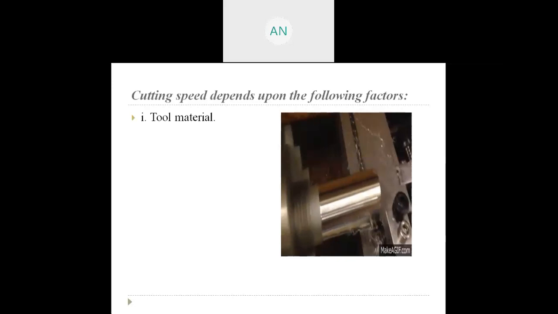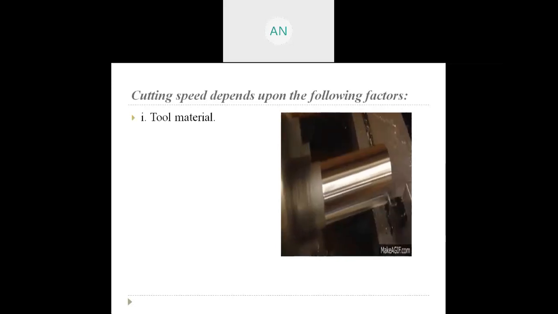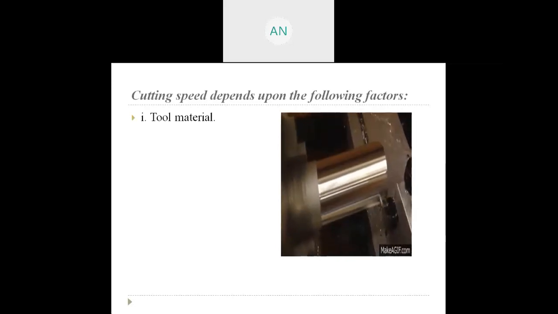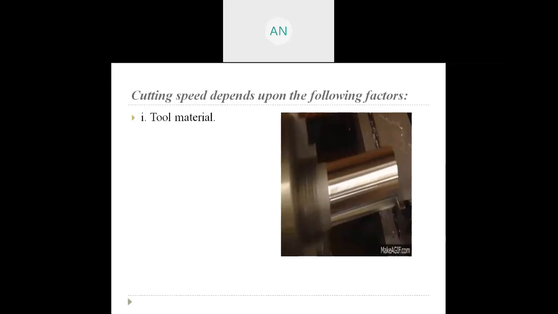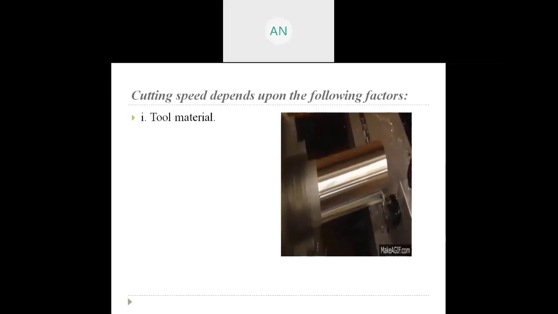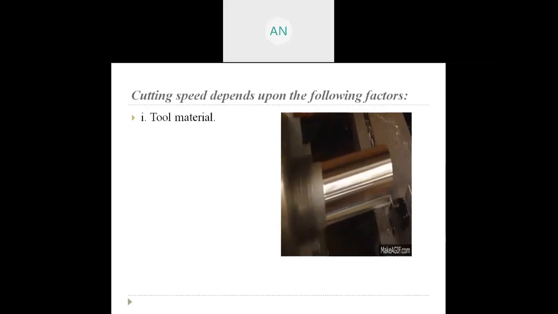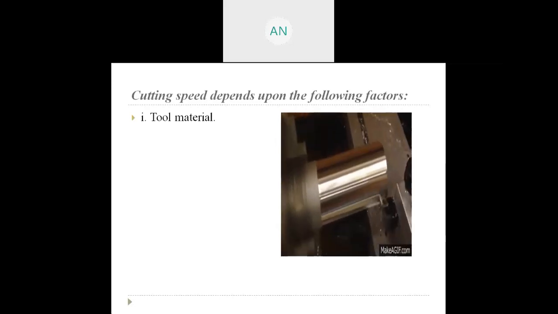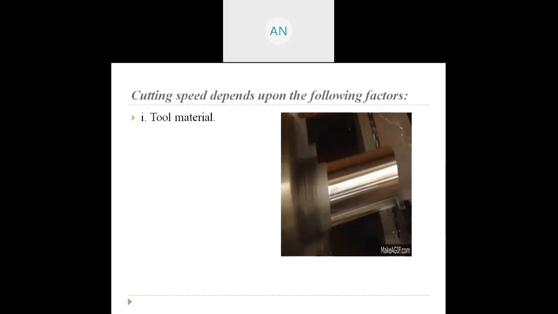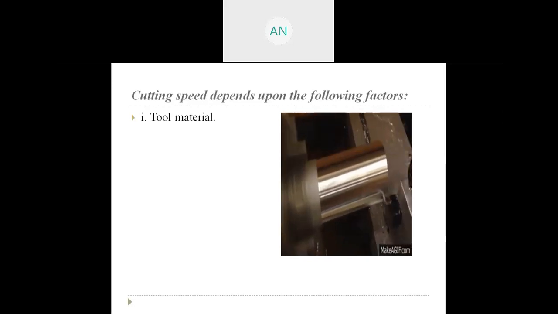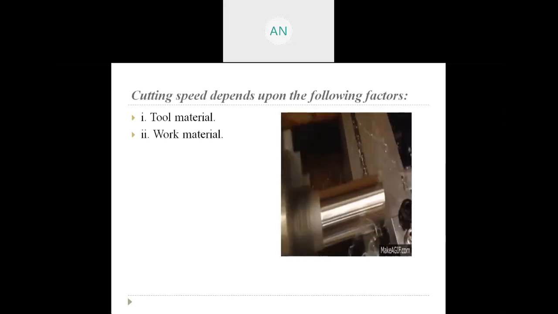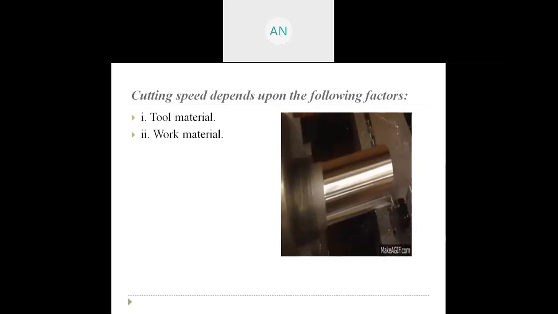tool material, right? From this image itself you can see that there is one cutting tool machining, or turning, some component. From this image we can see the workpiece and tool. So first we list the tool material, second the work material.